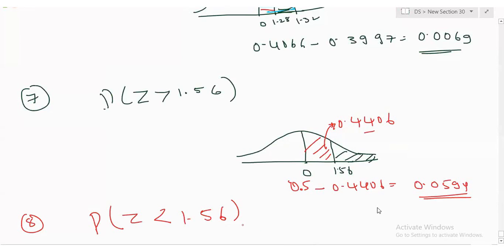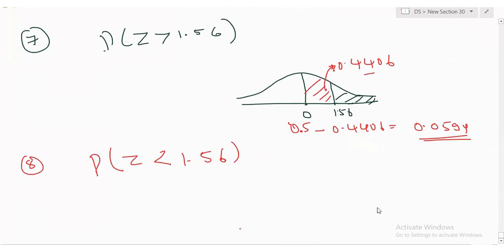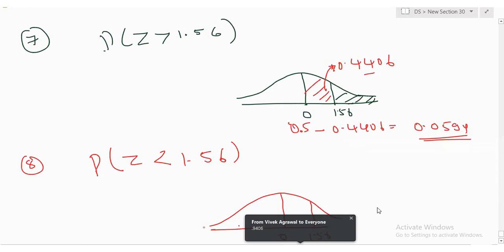So how am I going to draw this picture? Mark 0, mark 1.56, less than this. Less than this is nothing but this center area I want, right? How can I get it?